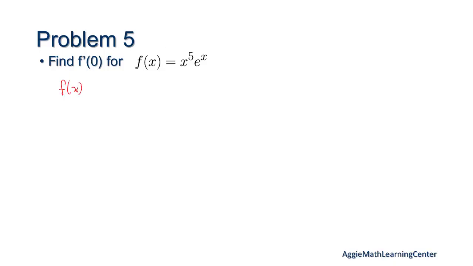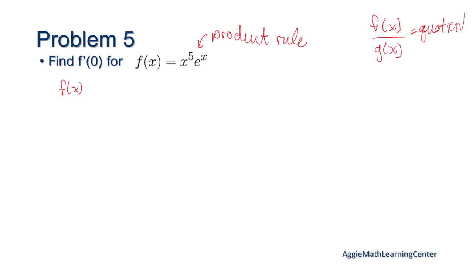Okay, so since they're multiplied, that's our tell sign that we have to use the product rule. Whenever we're using division, like f of x over g of x, that's when we're going to use the quotient rule. Oh, this is weird to write with. Okay, so our f of x here has our two functions.